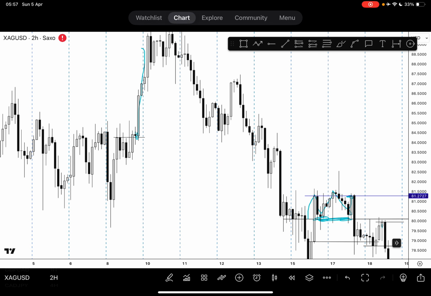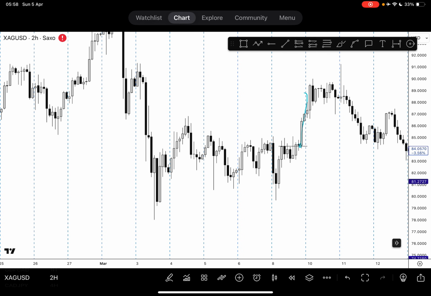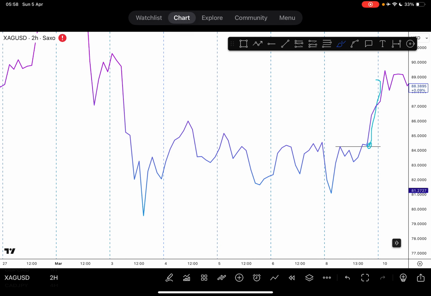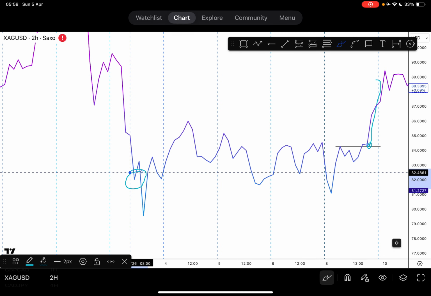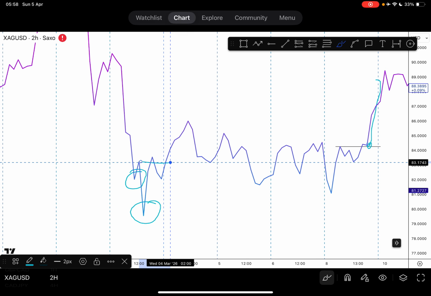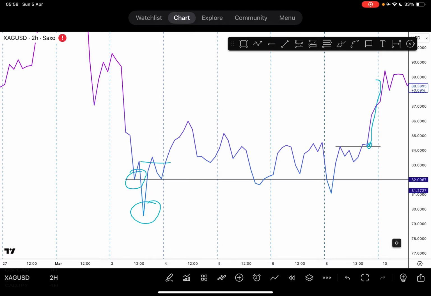So this is a good example right here. What do you see here? I see a V shape that got violated by this V shape and a big move to the upside. So marking at that level will give us our entry. Let's say I want to buy now.